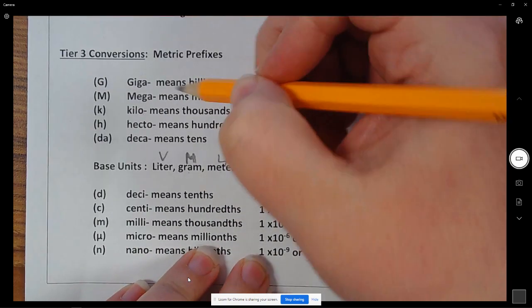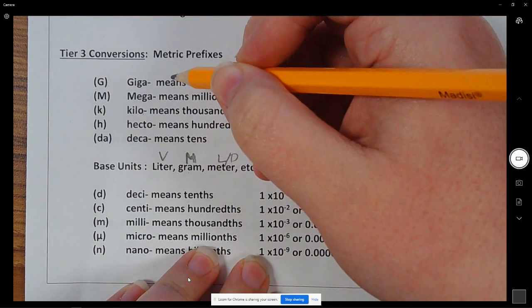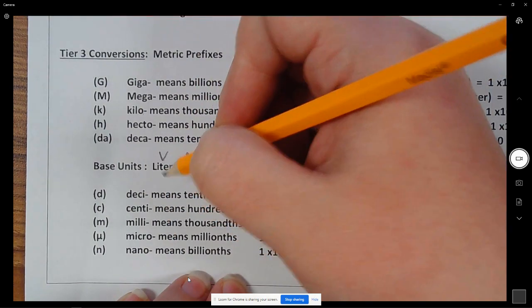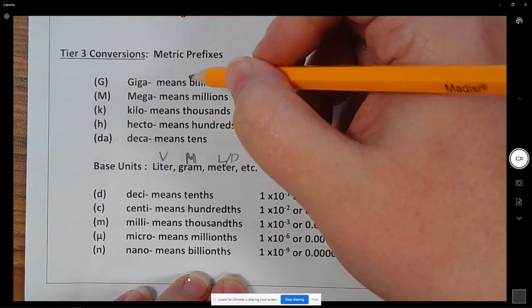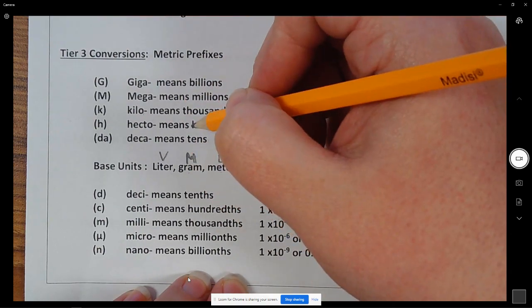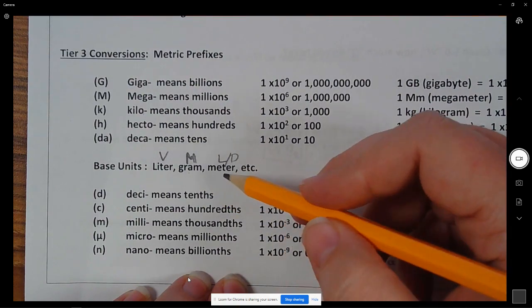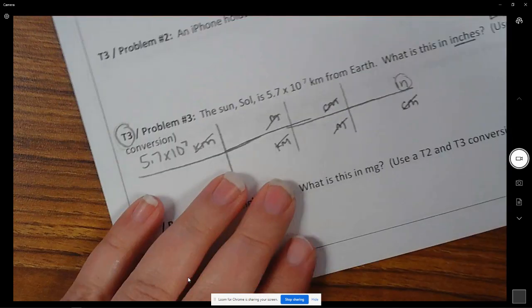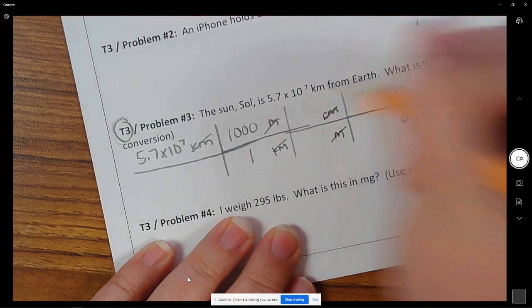If the prefix is above the base, then it has the 1. If the prefix is below the base, then the base has the 1. In this case, the prefix is above the base, so the kilometer has a 1. That means there are 1,000 meters in that kilometer.